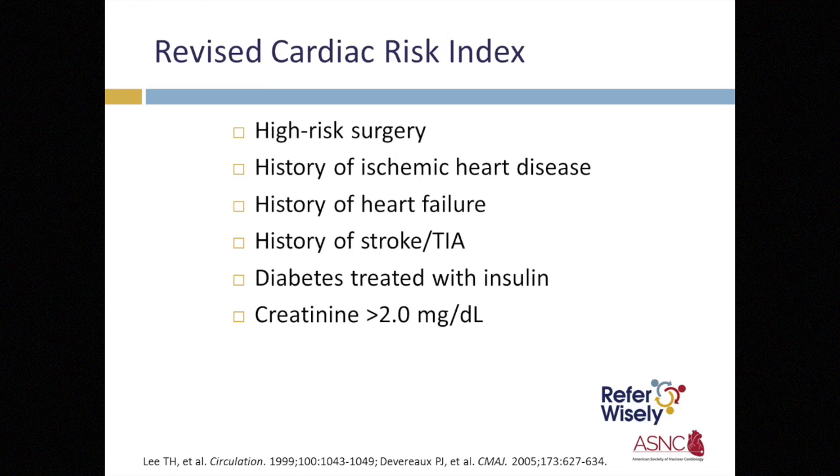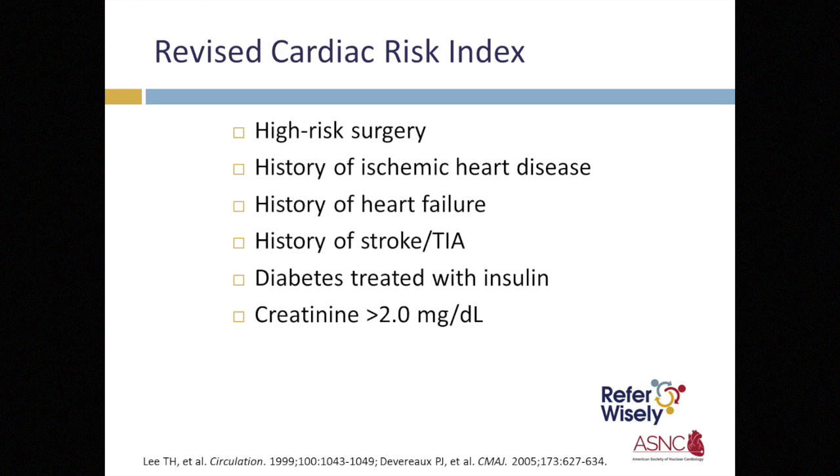Taking all of these factors into account, the perioperative risk of a cardiac event can be evaluated using several different algorithms. One of the most commonly used is the Revised Cardiac Risk Index, or RCRI. The RCRI consists of 6 factors, each of which increase the risk of the perioperative cardiac events.